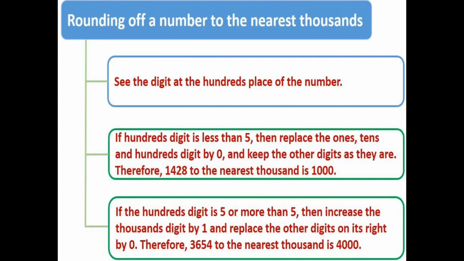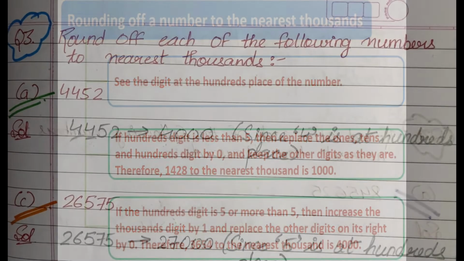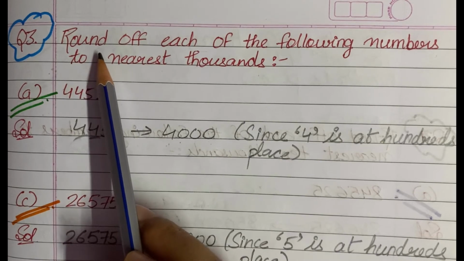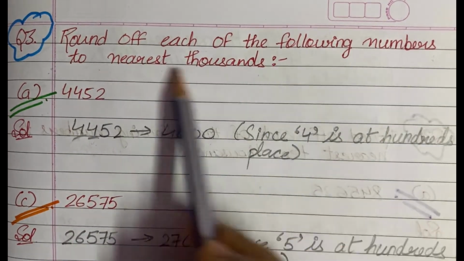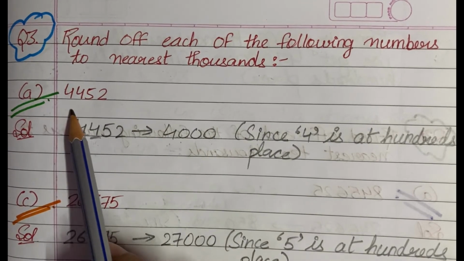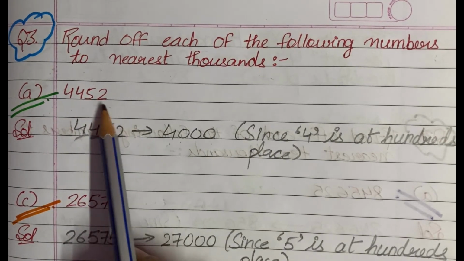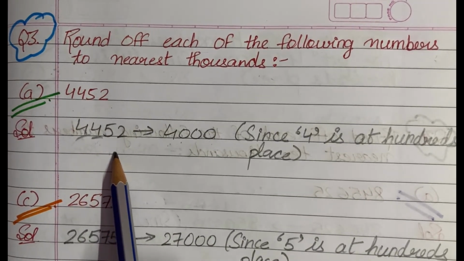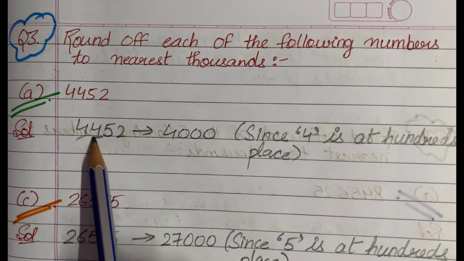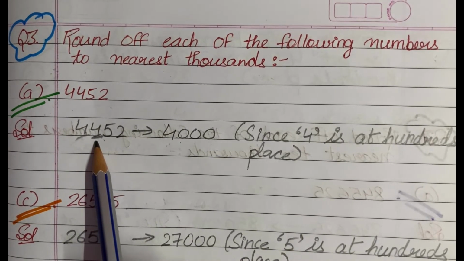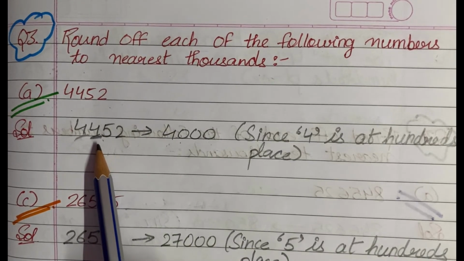Now, let us do some questions based on it. Next is question number 3, and question number 3 says that round off each of the following numbers to nearest thousands, and A part says that 4,452. Now students, since we want to round off the given number to the nearest thousands, so we will see the digit at the hundreds place, and here at the hundreds place we are having 4, and you know that 4 is less than 5.